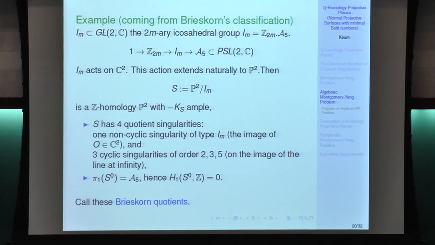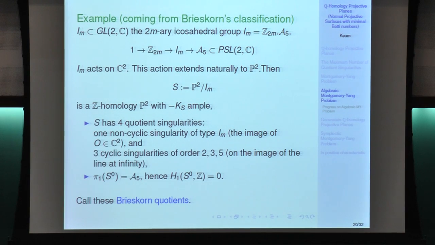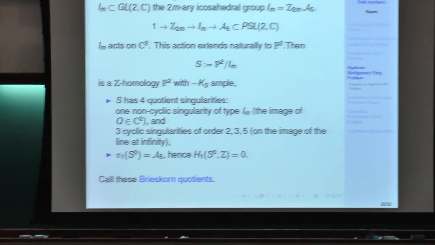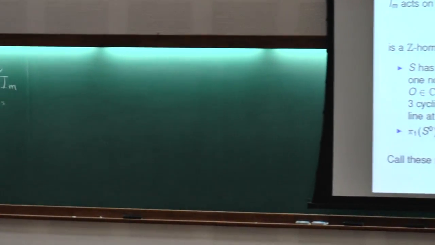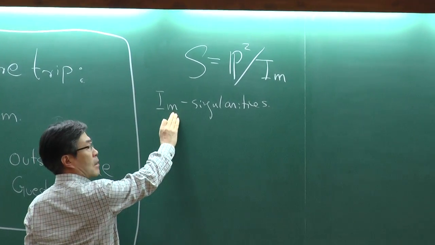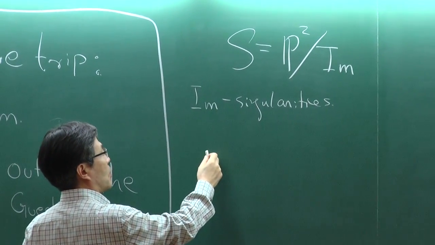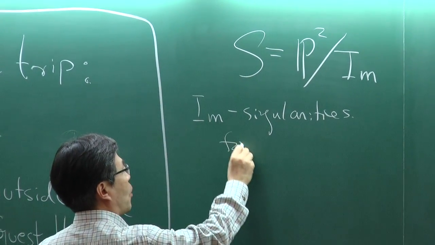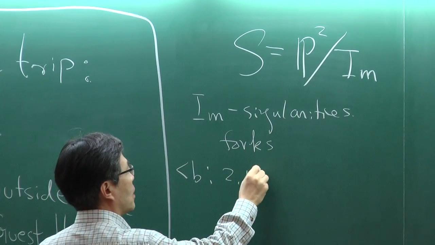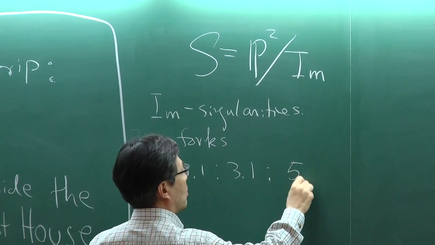So here, the I_M type singularity. Well, here M cannot be an arbitrary integer, but there are infinitely many. M comes from 8 infinite sequences of positive integers. Let me follow the notation: for the twigs, 2, 1; 3, 1; 5, 1.